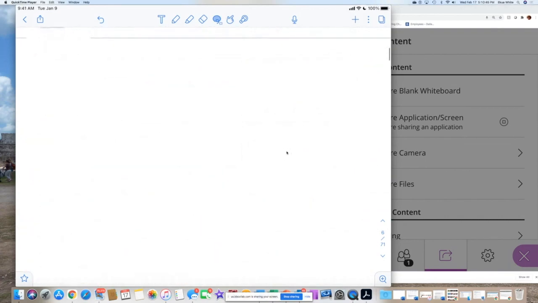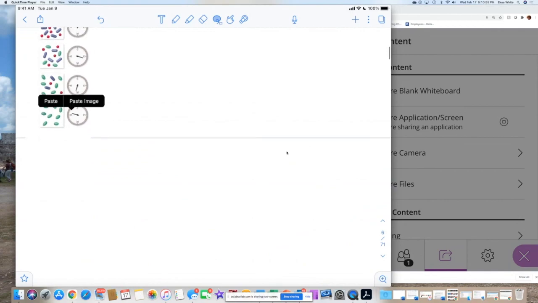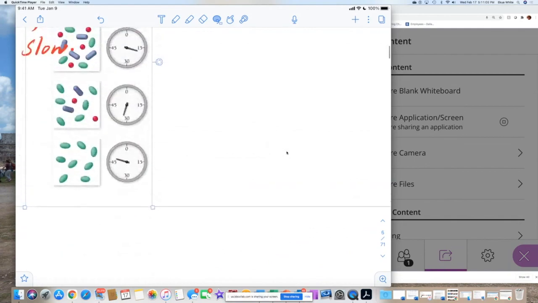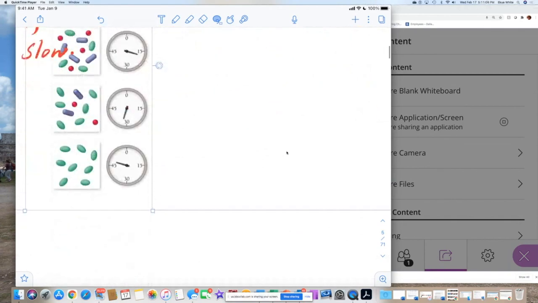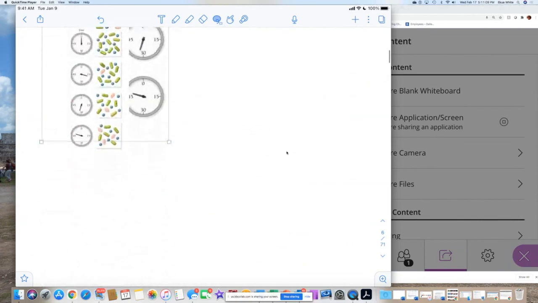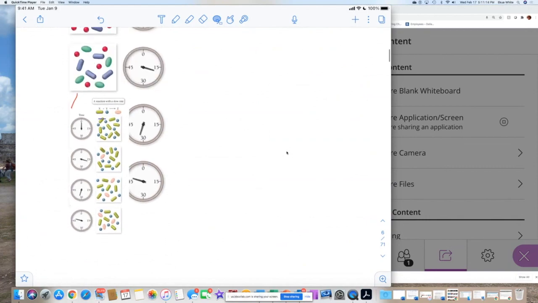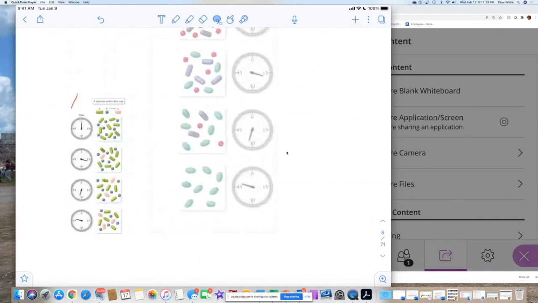And now I'll be looking at this down here, paste image. Okay, I'm trying to get used to this.